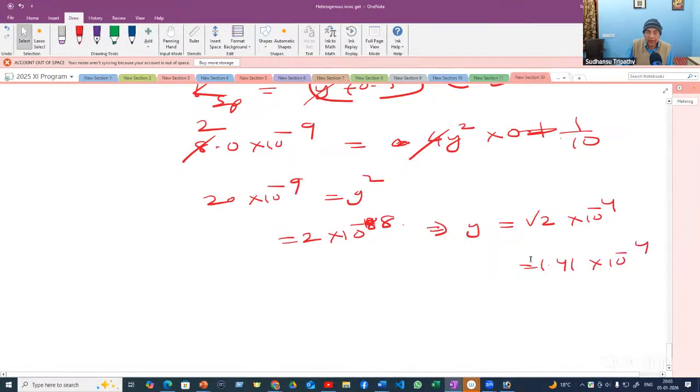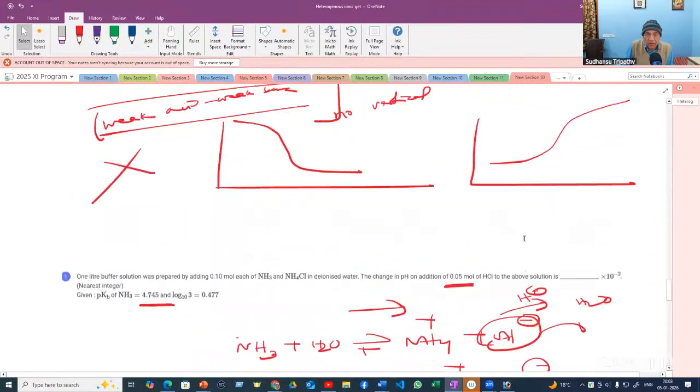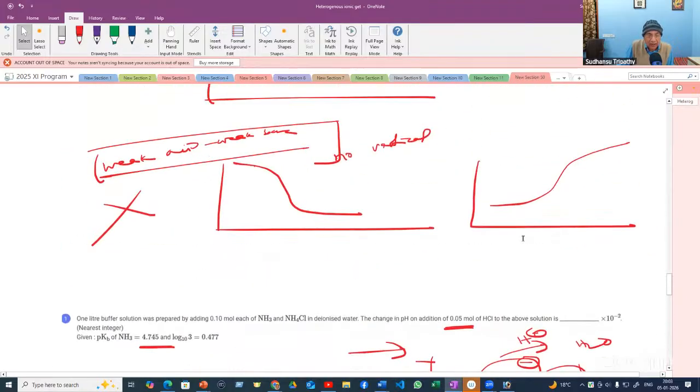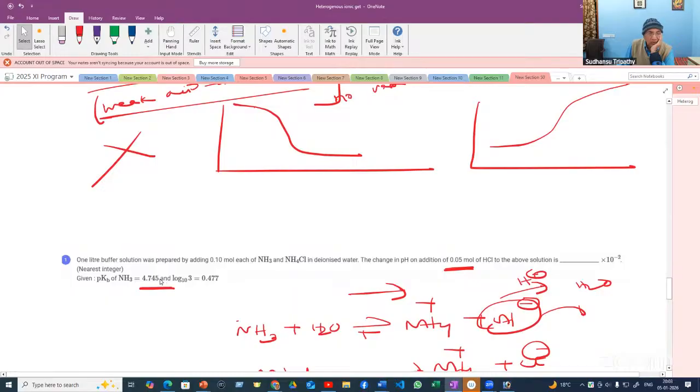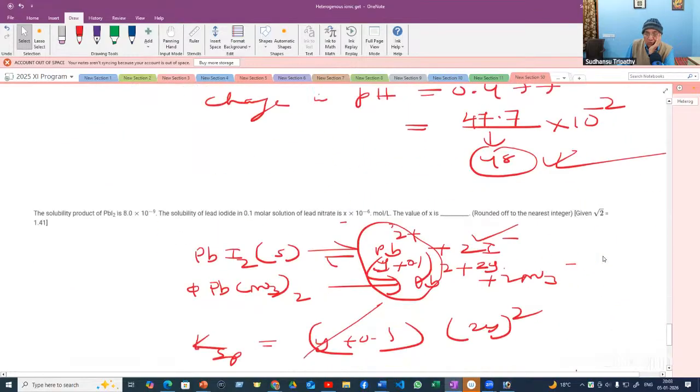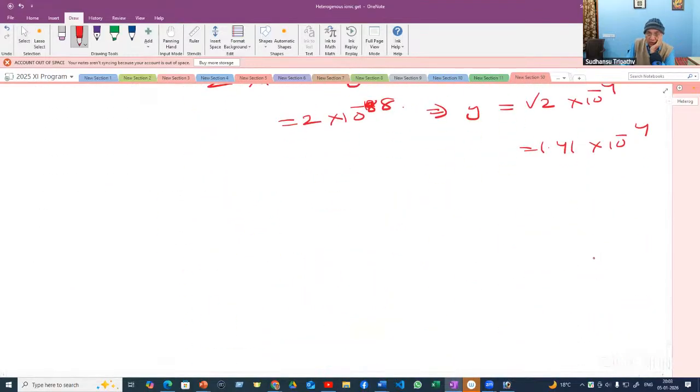This is Y. So we have to express it in the form of 10 to the minus 2, so it will be 1.41 into 10 to the power minus 2.